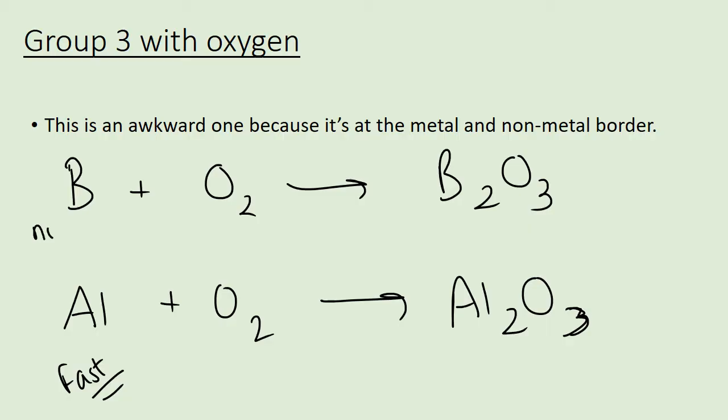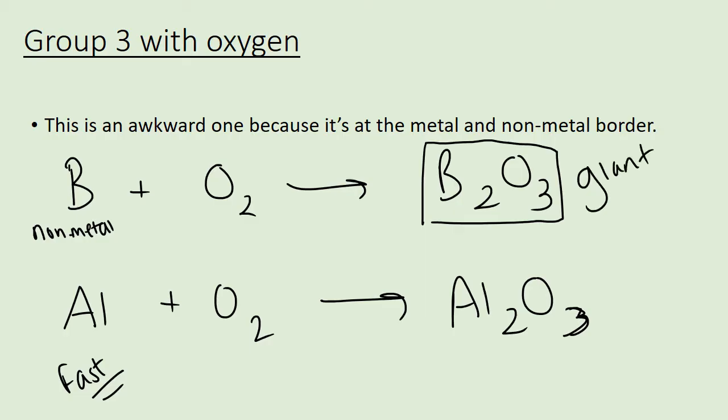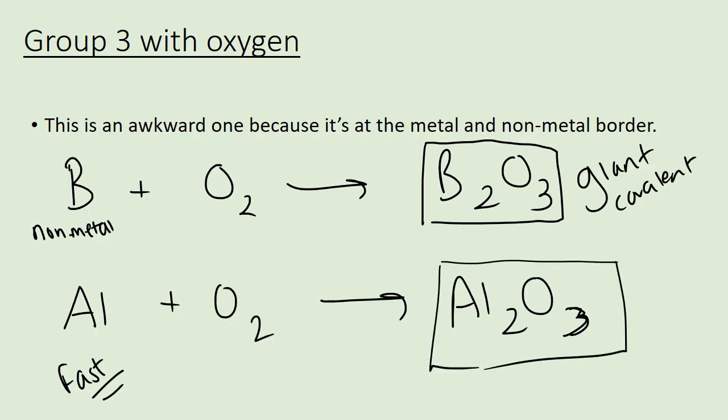Boron though is classified as a non-metal, and therefore this is a giant covalent, so we get a covalent structure here. Okay, this would be classed as a giant covalent, whereas aluminium oxide, being a metal, is actually an ionic.